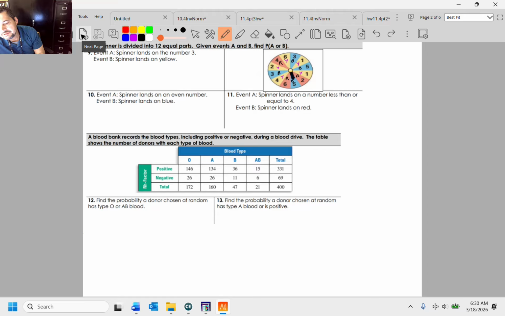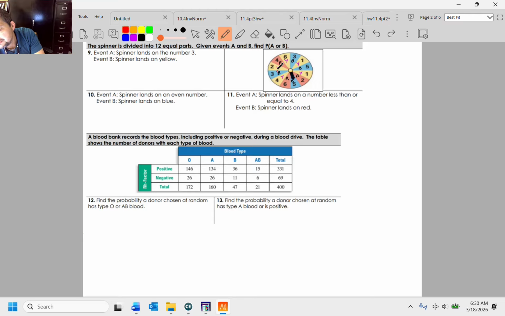All right, let's see. We've got a little spinner over here. So let's look at 10. Event A, a spinner lands on an even number. Event B, the spinner lands on blue. Along the top, we're finding the probability of event A or B, and the word or means add. So an even number, what do we got here? We got 1, 2, 3, 4, 5, 6. Looks like there's 6 evens, right?